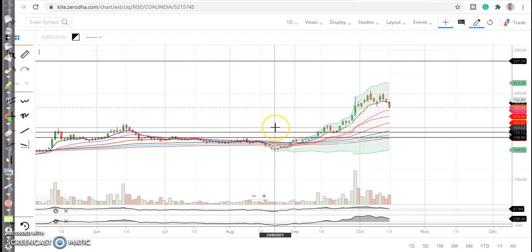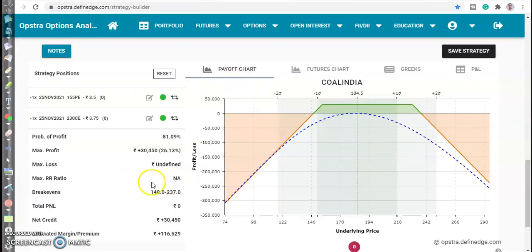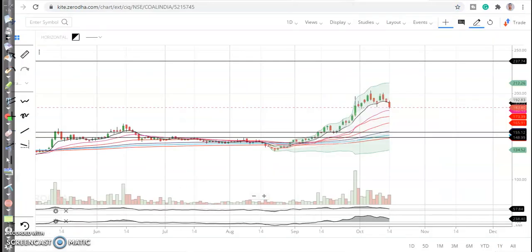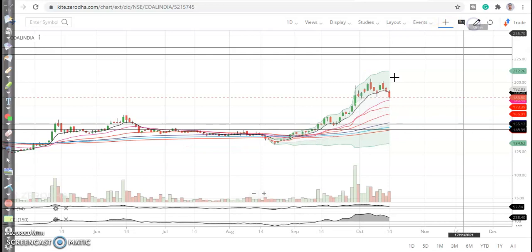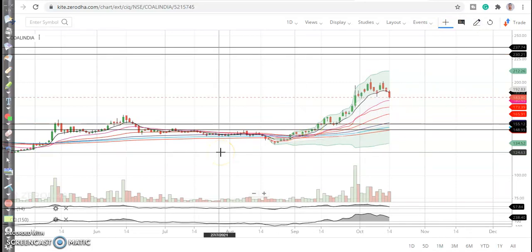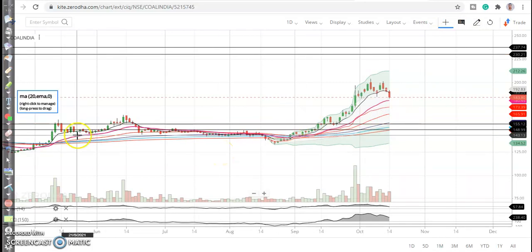And another upside strike price, that is 230. Let me draw 230 here. So 230 and 155 are our strike prices.